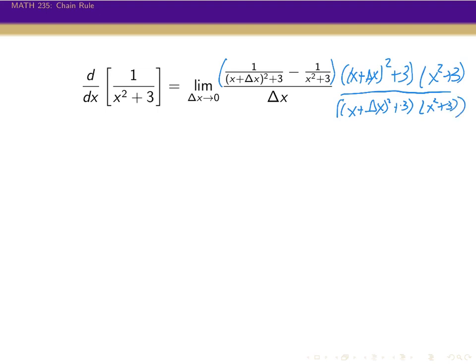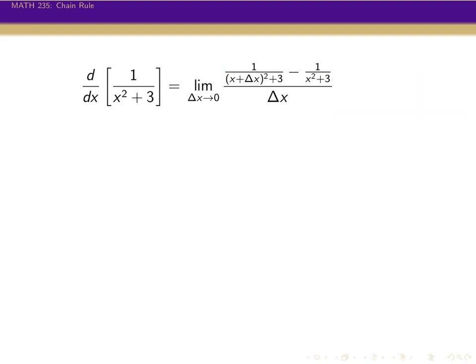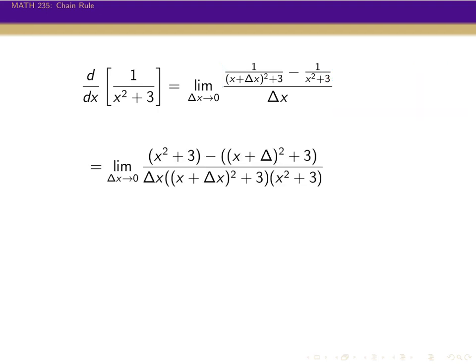Okay, and so when we do this out, on the top, the x plus delta x squared plus 3 is going to cancel off and leave an x squared plus 3. And then minus the x squared plus 3's are going to cancel off, and we have x plus delta x squared plus 3. And so there we have it.